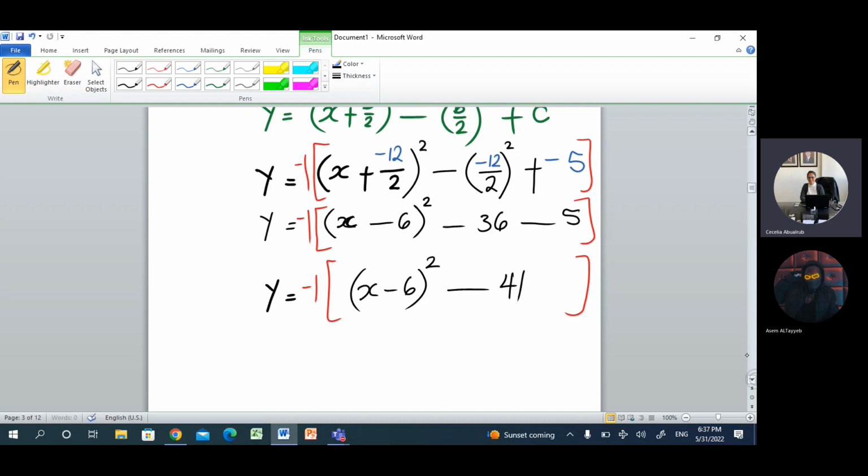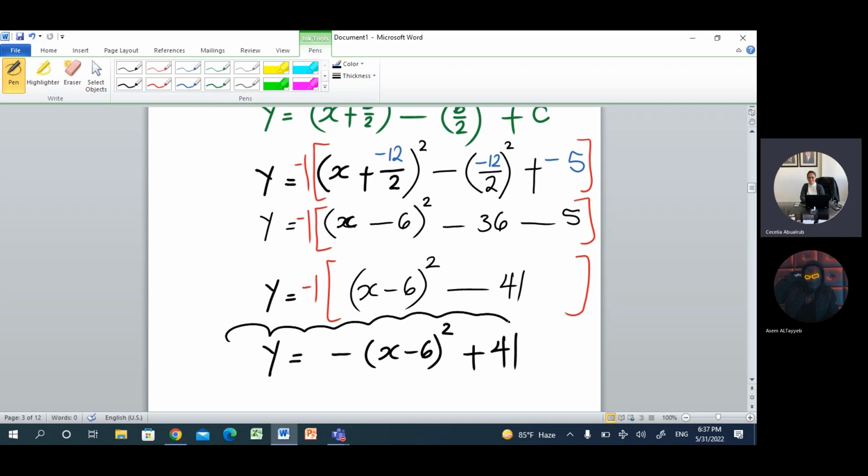Now, in order to finalize the answer, we say y is equal to, if we insert the negative 1, it will be negative x minus 6 squared, and then negative 1 times negative 41, it will be plus 41, and this is the final answer. That's how we write this quadratic expression in the form of completed square.